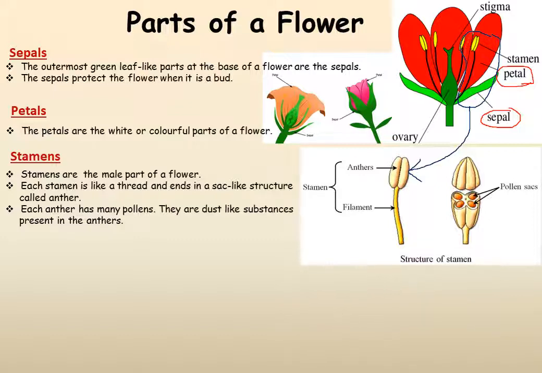Now, stamen. You can see in the first picture a filament-like or tube-like structure that is zoomed and given as the second picture.